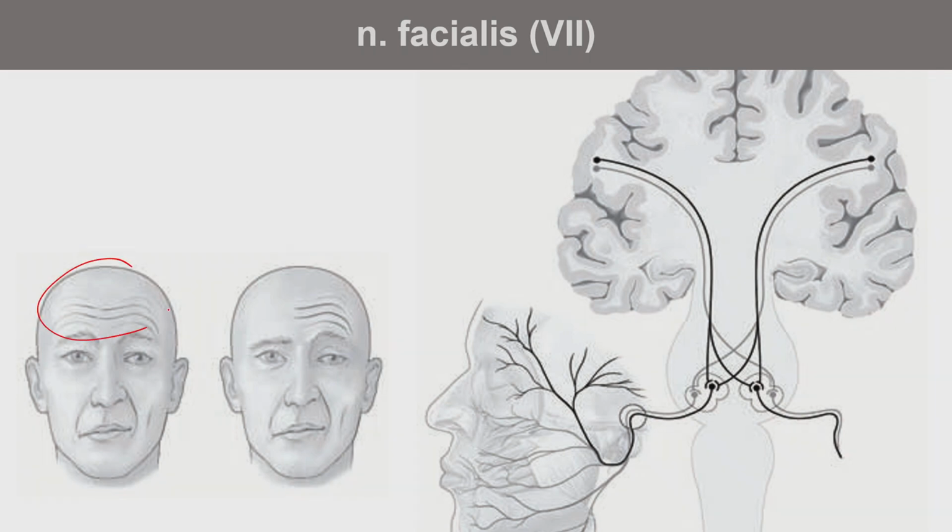One is in the frontal region. To make these rings or wrinkles, it is done by muscles which are in the front, so it's the frontal muscle. And then we have others which are making motions around the oral rima.